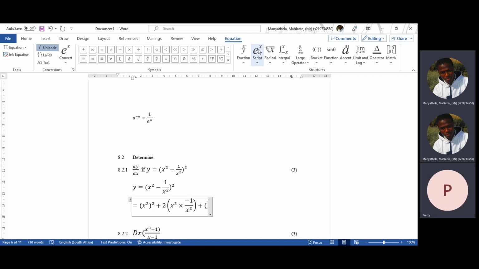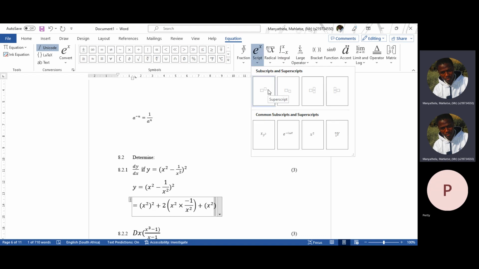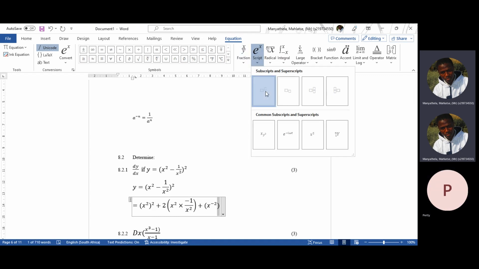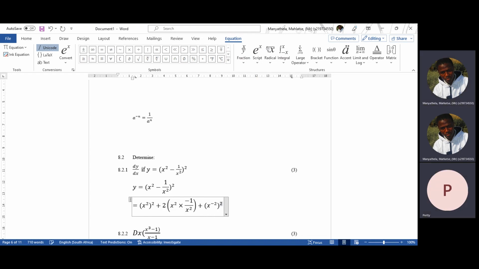So we'll have x squared raised to the exponent negative 2, and then we square it, because we also square the last term.